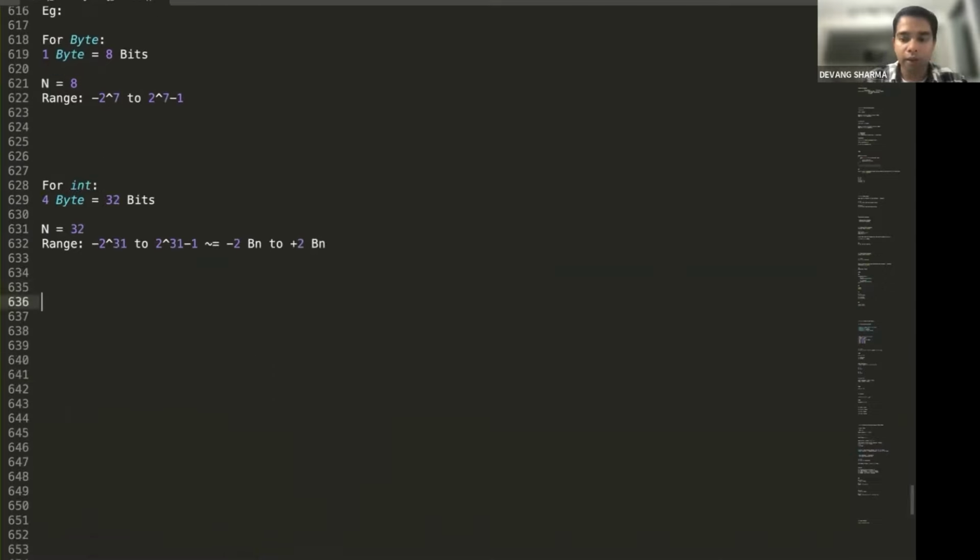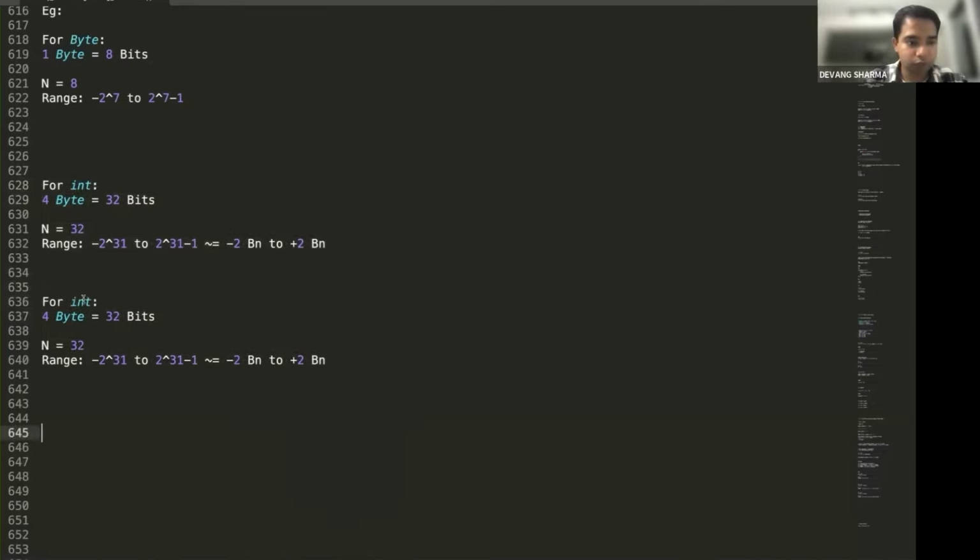Okay. Next, let's move on to long also. Long takes 8 bytes, 8 bytes become 64 bits. 64 will become n here, minus 2 raised to the power 63 to 2 raised to the power 63 minus 1. That is roughly around 40 trillion. Okay.